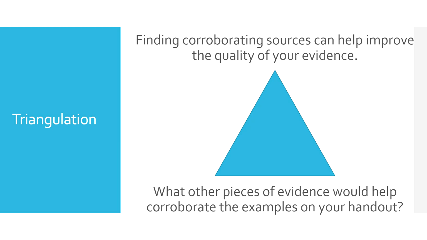Triangulation is something that facilitates the validation of data through cross-verification from more than two sources. And in a way, when you synthesize research and you find more than 2 or 3 papers that all say the same thing, you're finding corroborating evidence to back up a statement that you're making in your research or your writing. And it's really important to do this where possible.